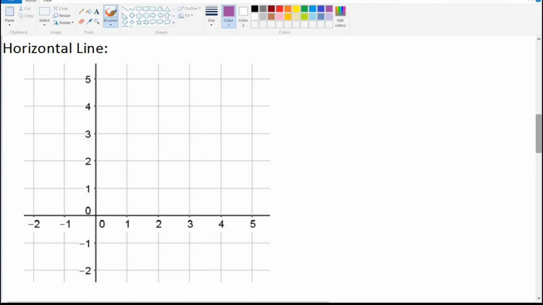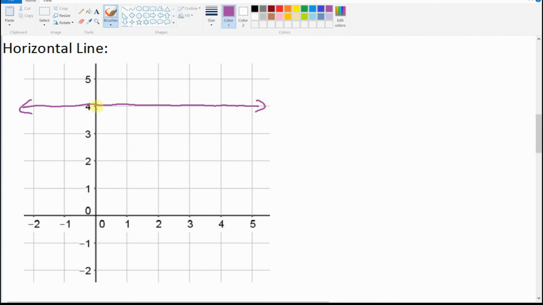Okay, now we're going to do a horizontal line. Now remember, a horizontal line goes across like the horizontal axis or like the horizon. So a horizontal line would look something like this. This isn't the same as the equation you're given, okay? How do we define this line?